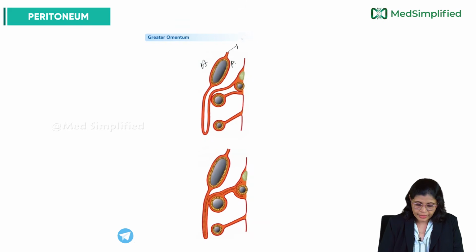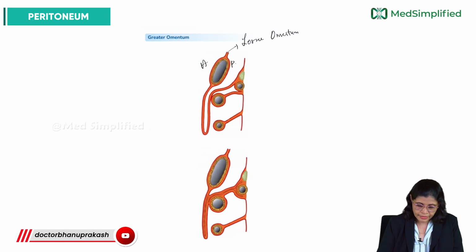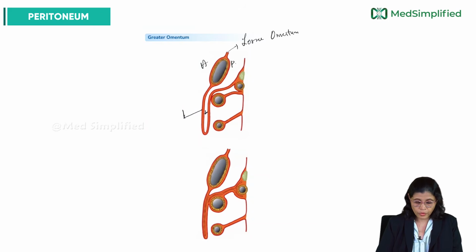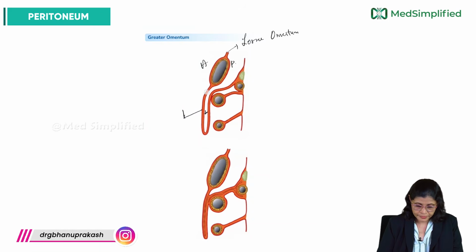Now this is the lesser omentum. Here it is splitting, and again they join at the greater curvature, and the 2 layers go down as the first and second layer. So this will be the first layer and this behind will be the second layer of the greater omentum. Now this is the greater omentum.